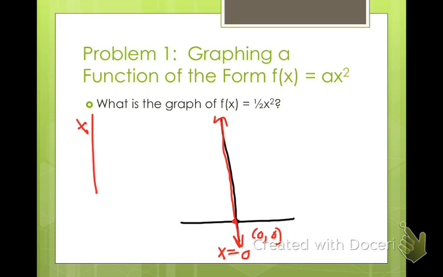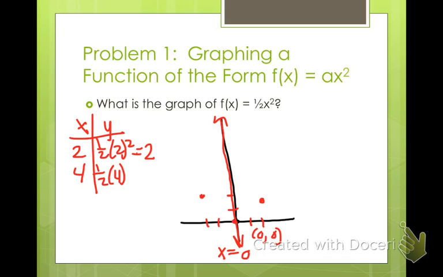So if x is 2 and 4, so 1/2 of 2 squared. 2 squared is 4, half of 4 is 2. So I know I have the point (2, 2). And I can also reflect this across on the other side. Okay, 1/2 of 4 squared. 4 squared is 16, half of 16 is 8.